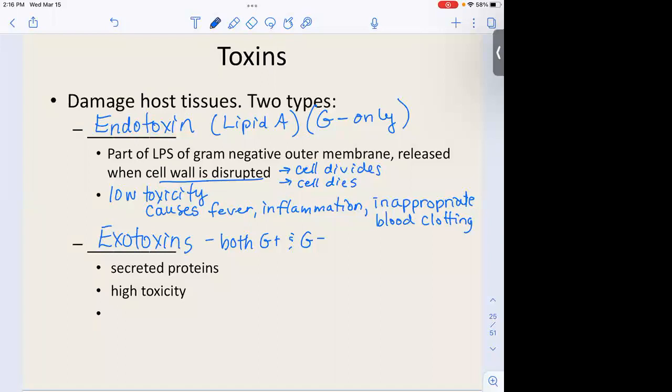Okay, so these are virulence factors that are important for invasion. Basically, invasion is part of infection, I guess you could say.